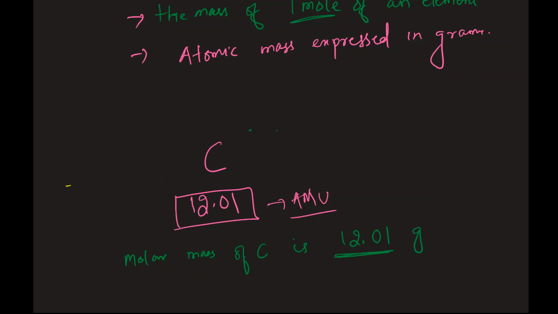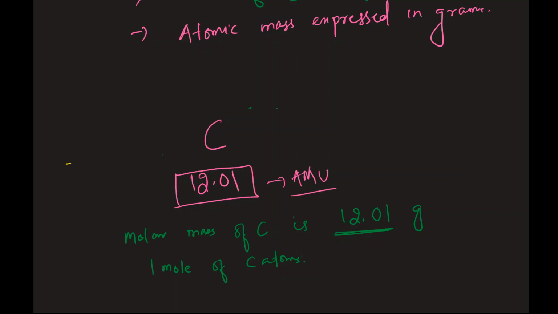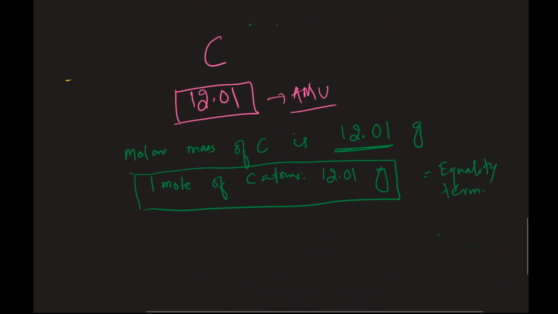And what does this mean? This means 1 mole of carbon atoms. If I line up all 6.02 times 10 to the power 23 carbon atoms and put them in a balance, they're going to weigh 12.01 grams. So this is our equality term for this conversion fact. So what would be our conversion factor then?